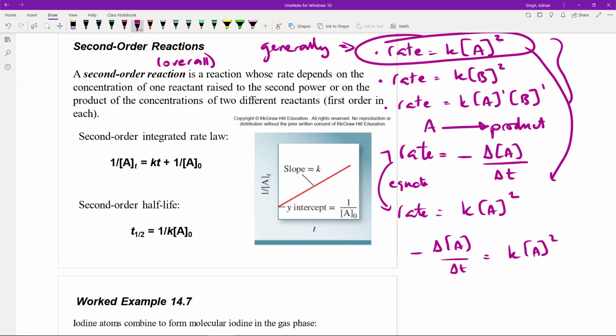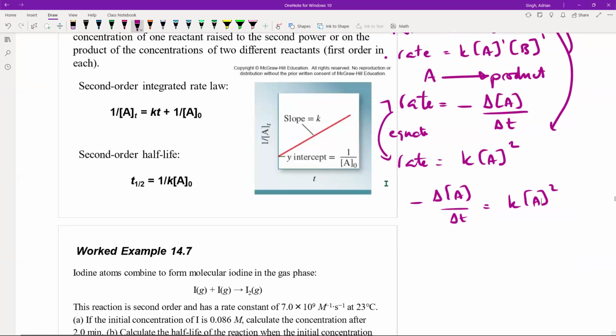And then we're going to save you the calculus this time. We can apply calculus to this. Integrate. And go through that process, we end up with the integrated rate law for the second order reaction, and we end up with the following.